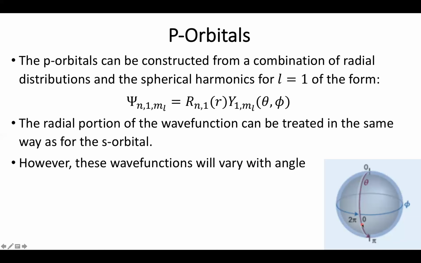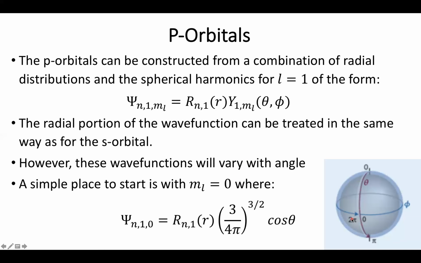We're going to start with the simplest case, where M sub L equals 0. We can look up our spherical harmonic for L equals 1, M sub L equals 0, and insert this in as the angular portion of the wave function.